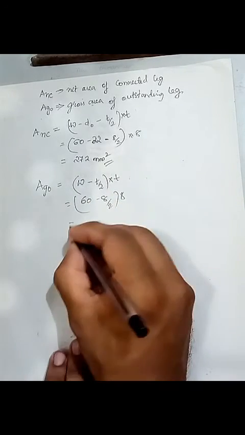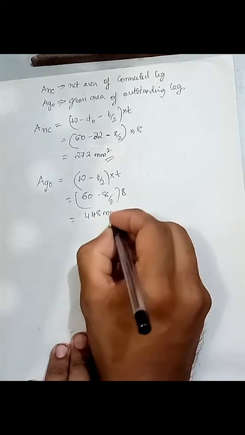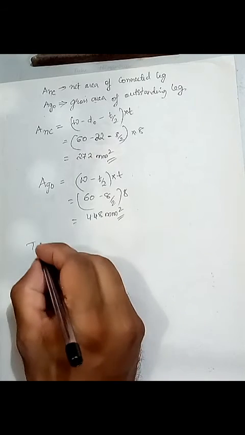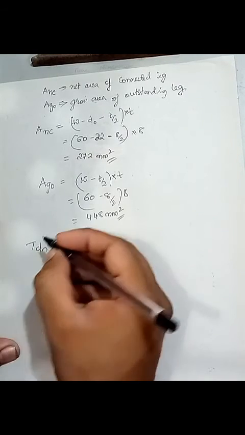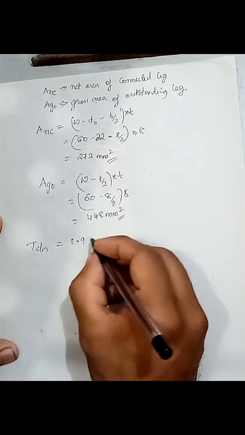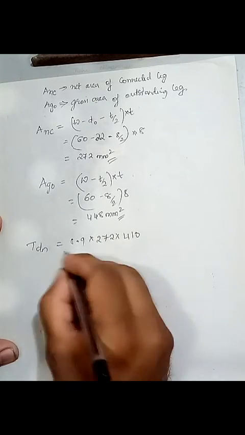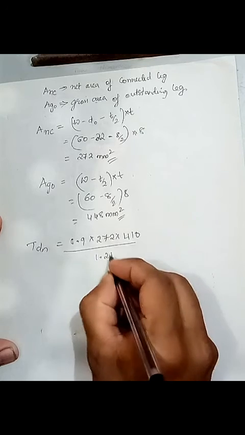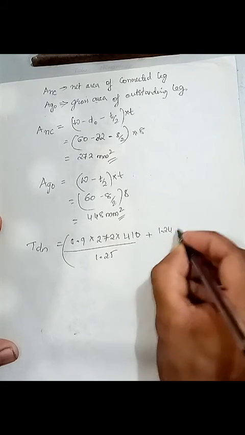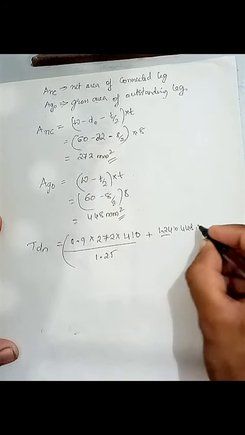Now I can easily find TDN equals 0.9 into 272 into 410, I am substituting back all the values, divided by 1.25, plus 1.24 into 448, that's the beta value, 448 into 250 divided by 1.10, into 2 because two angles are there.